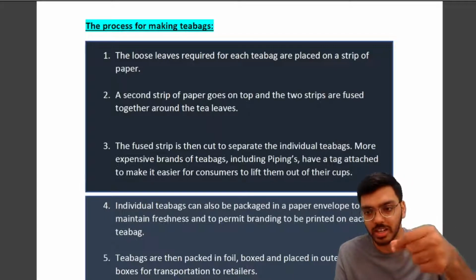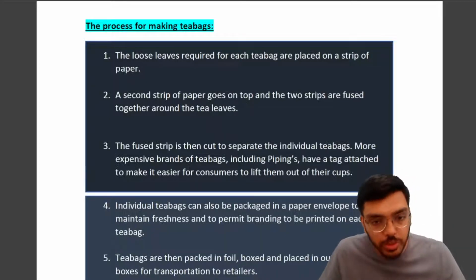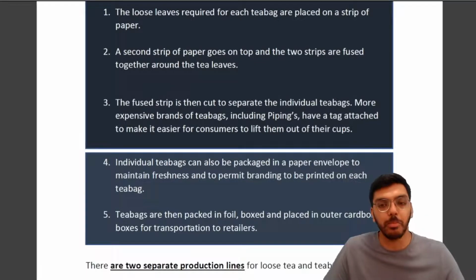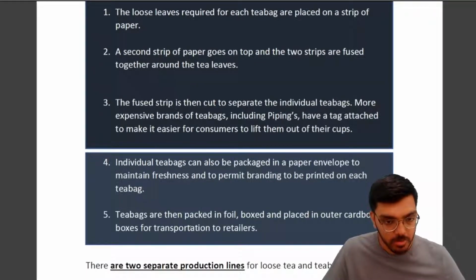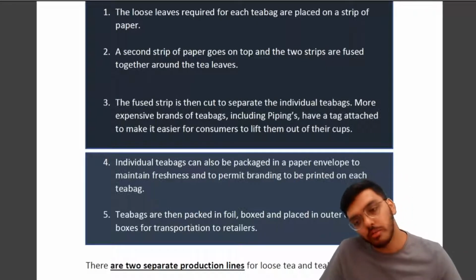They'll have a thread and a tag, so you can dip it again. Individual tea bags can also be packaged in a paper envelope to maintain freshness and to permit branding to be printed. Tea bags are then packed in foil, boxed, and placed in outer cardboard boxes for transportation.